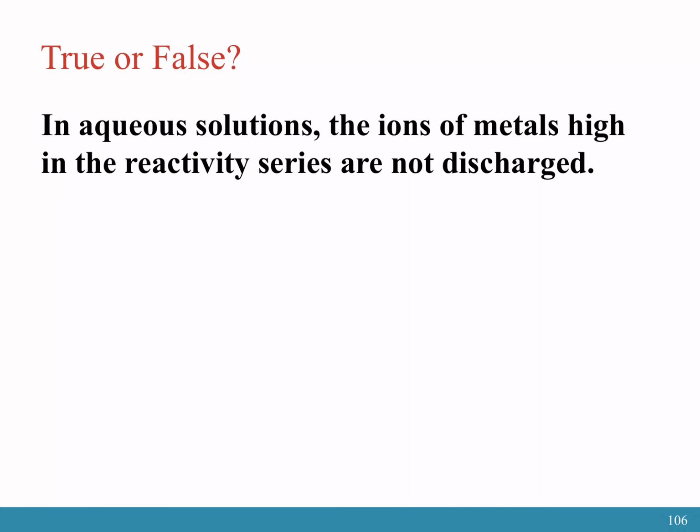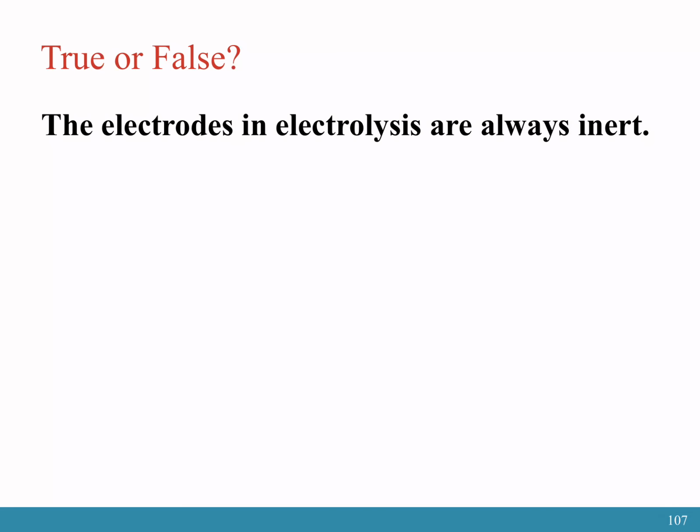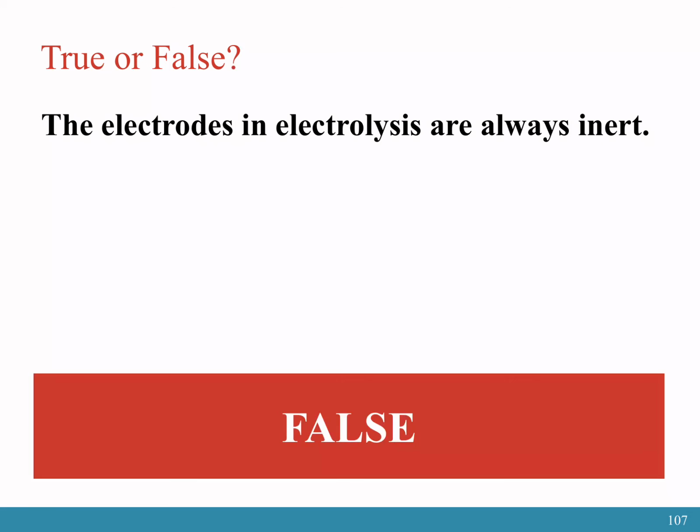In aqueous solution, the ions of metals high in the reactivity series are not discharged. True. When metals are high in the reactivity series, they are not easy to reduce. They tend to like to be in their ion state. The electrodes in electrolysis are always inert. True or false? Of course false.